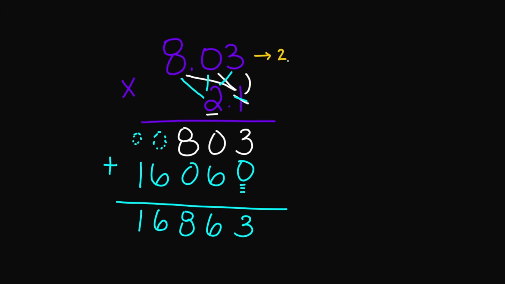I have 2 decimal places here, and here I have 1. So total is 3. So my final answer needs to have 3 decimal places. 1, 2, 3 would be right here. So my final answer is 16.863.